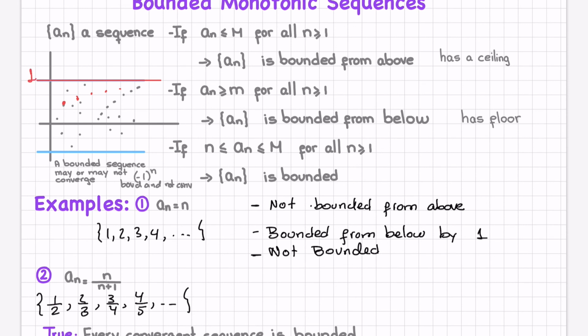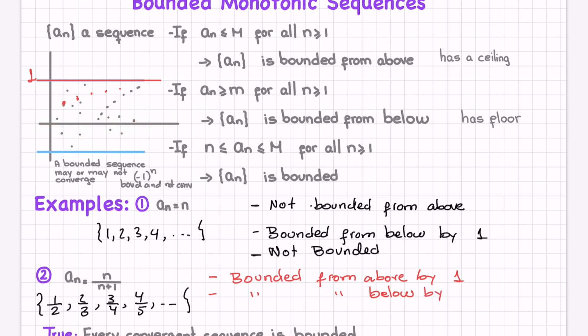So 1 bounds this from above. It is bounded from below by 1/2, which would be the highest. It is bounded by 0, by -1, by any such number, but the highest one is going to be 1/2.